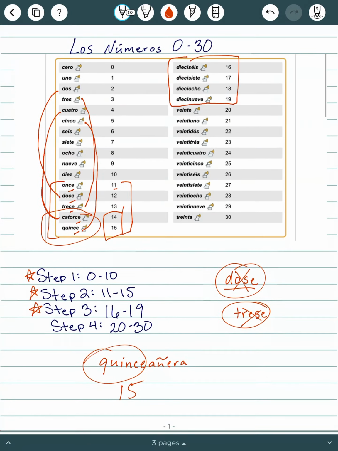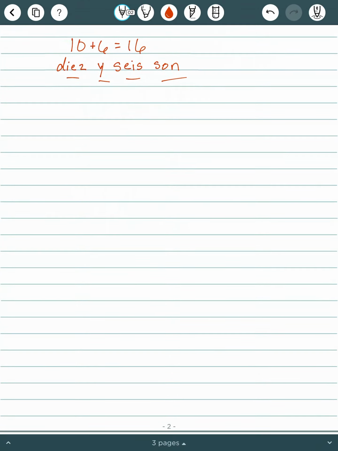And then let's look back at what 16 is. Diez y seis. That should sound familiar. Diez y seis son diez y seis. So all we did here is we took diez y seis, turned it into one long word, changed up the spelling just a bit. So we'll do the same thing for 17, 18, and 19. So 17 is 10 plus 7.